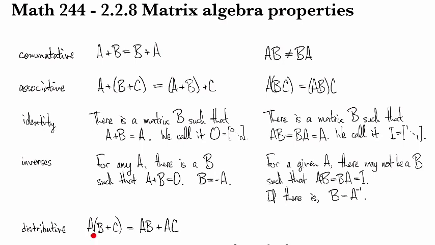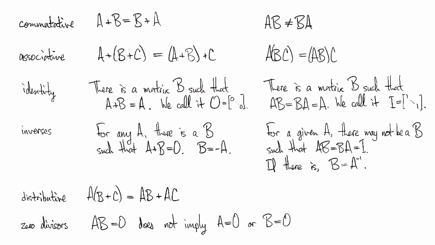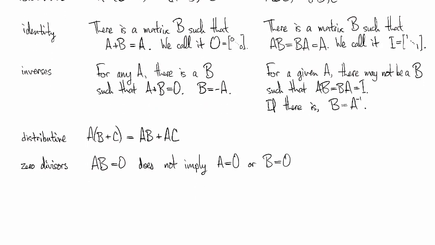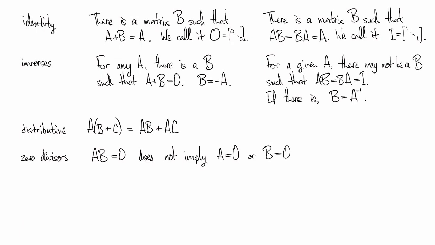The distributive property still holds for matrices, just like it does for numbers. But the zero divisor property does not. For numbers, you know that if a product of two things is equal to 0, then one of those two numbers has to equal 0. But for matrices, you can have AB equals 0 without having either A or B equal to 0.